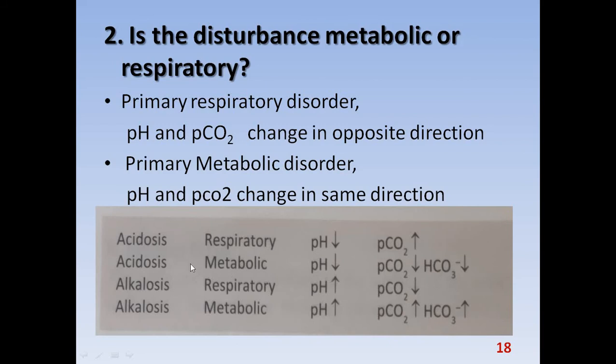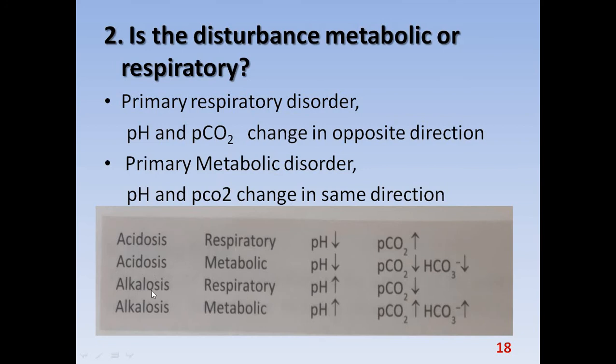In case of metabolic acidosis, the pH is obviously decreased because it is acidosis, and here the PCO2 is also decreased. But in case of respiratory acidosis, the PCO2 is increased. So you have to see the difference, and the bicarbonate also is decreased.